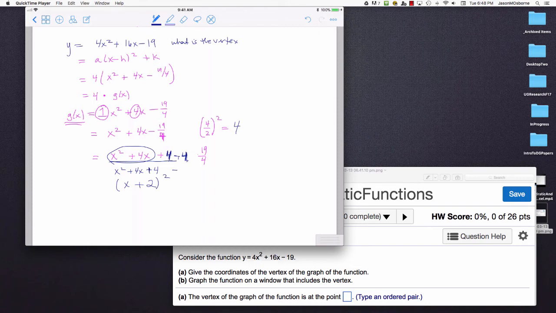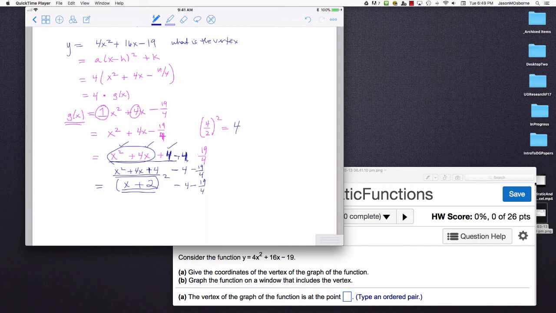And then the minus 4 goes with the minus 19 over 4. So this x squared plus 4x plus 4 is a perfect square. You used all three of those terms to make a perfect square, x plus 2 quantity squared. What you have left over is the minus 4 minus 19 over 4.